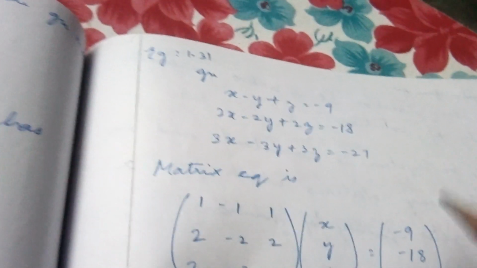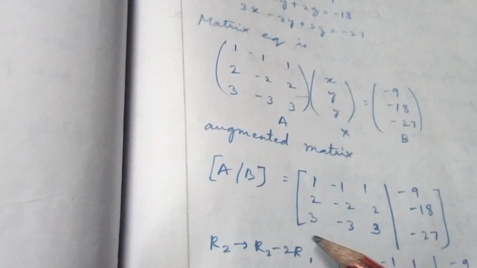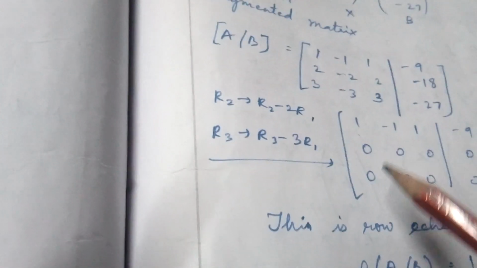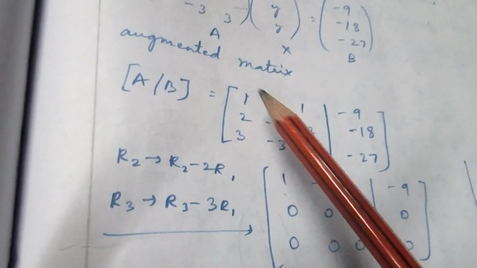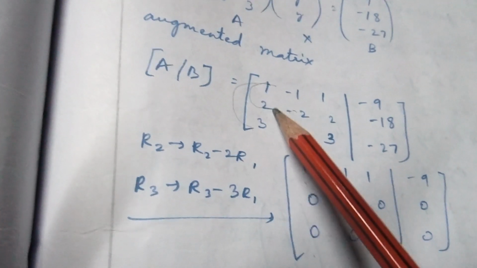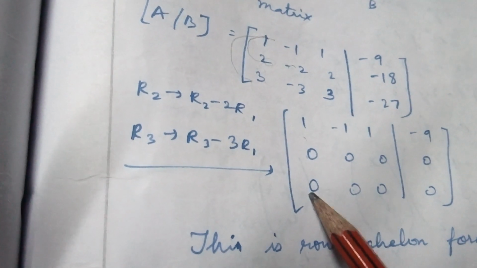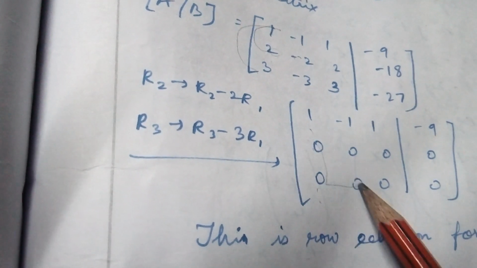Same case but case 1, same equation converted to matrix, augmented matrix. After the augmented matrix you can apply elementary row transformations. You know how it is already. First row has the smallest number, then you can multiply by 2 and then 3 here. It will convert the second row and third row first element to 0. After converting, here the third row also will come very easy.